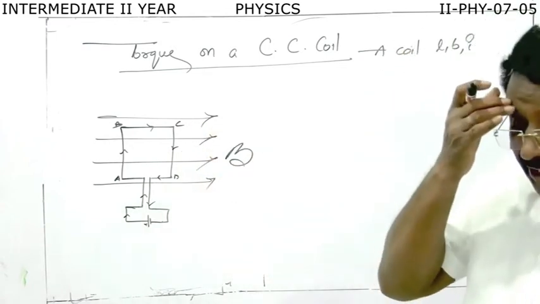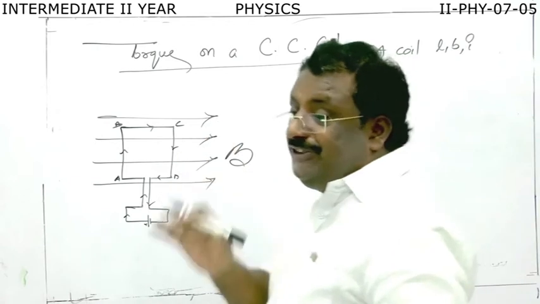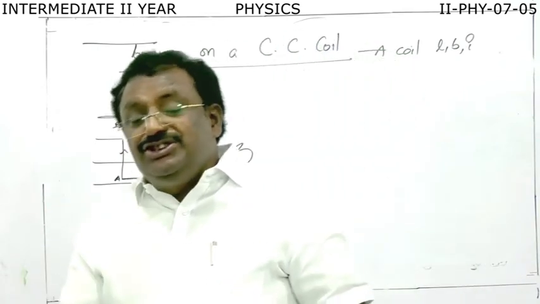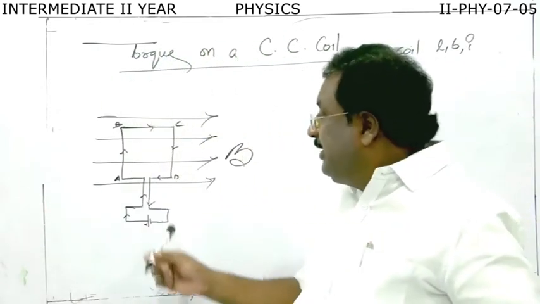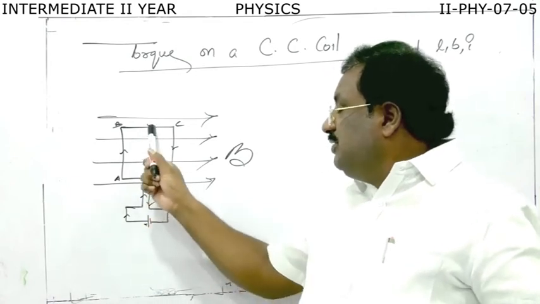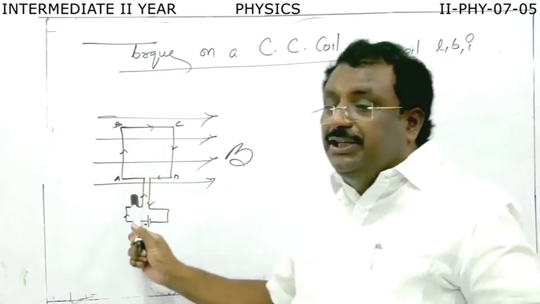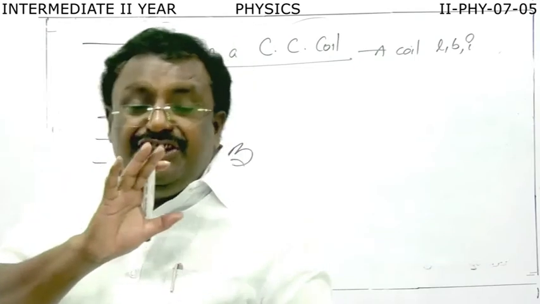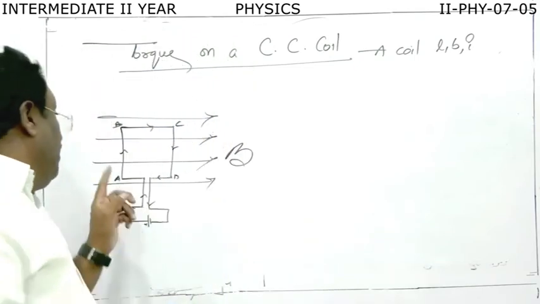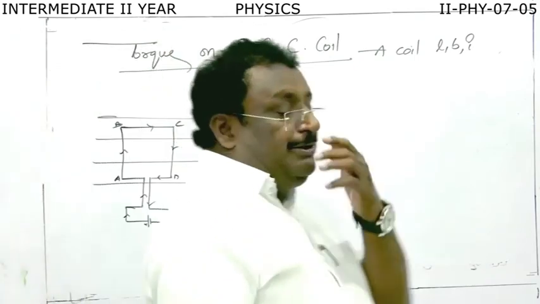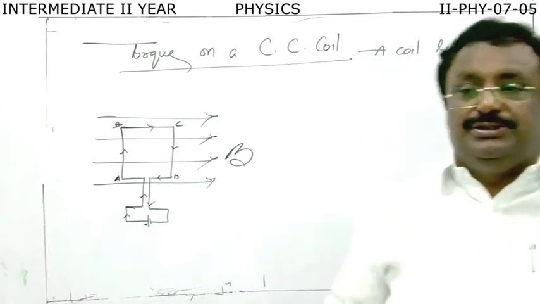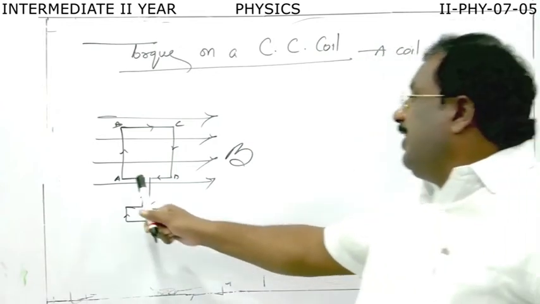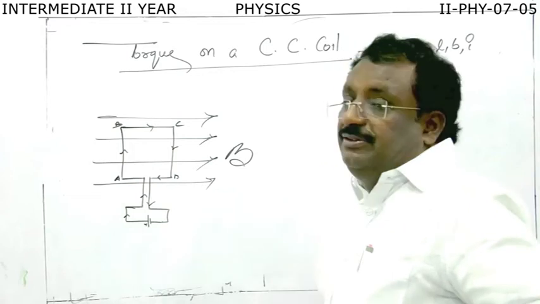When a current carrying conductor is parallel to the magnetic field, it does not experience any force. So the two horizontal sides of the coil do not experience any force. Only the two vertical sides, AB and CD, may experience force.